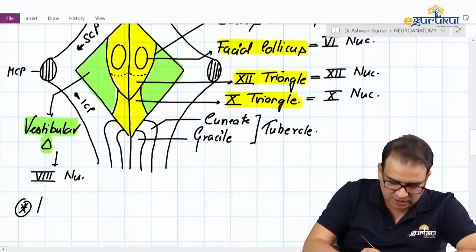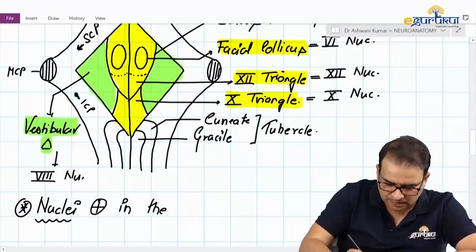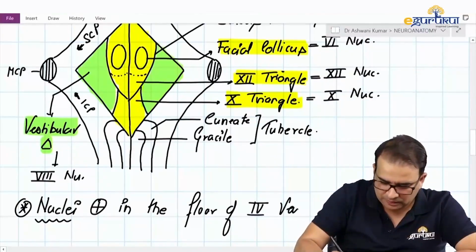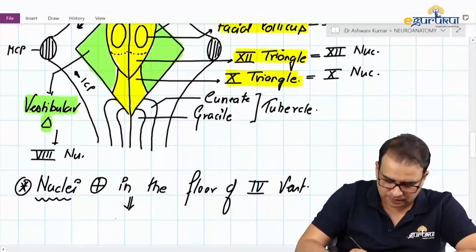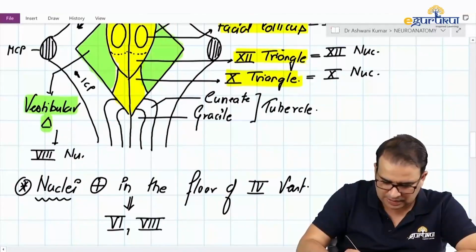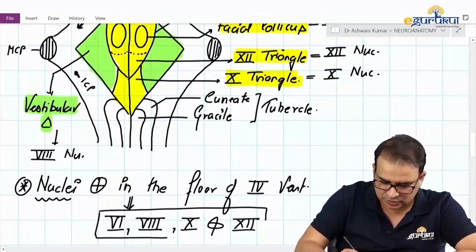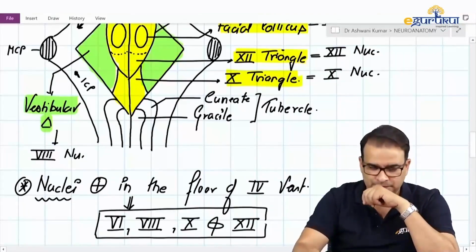Make sure to write nucleus or nuclei, not nerve. The nuclei present in the floor of the fourth ventricle are 6, 8, 10 and 12.